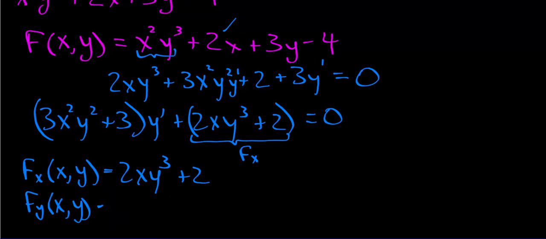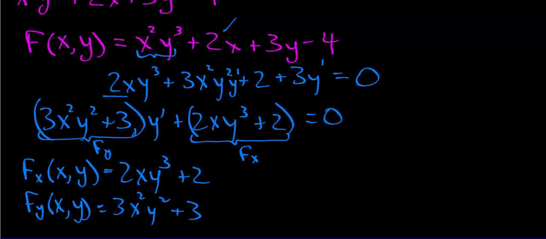I was looking at this instead of this. So this would be 3x squared y squared plus 3. Now, if you look, that's this right here. This is the partial with respect to y.